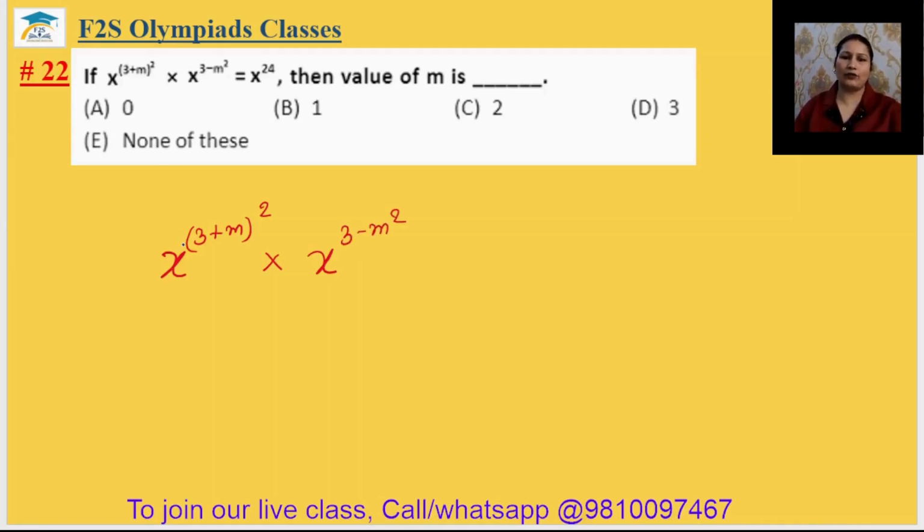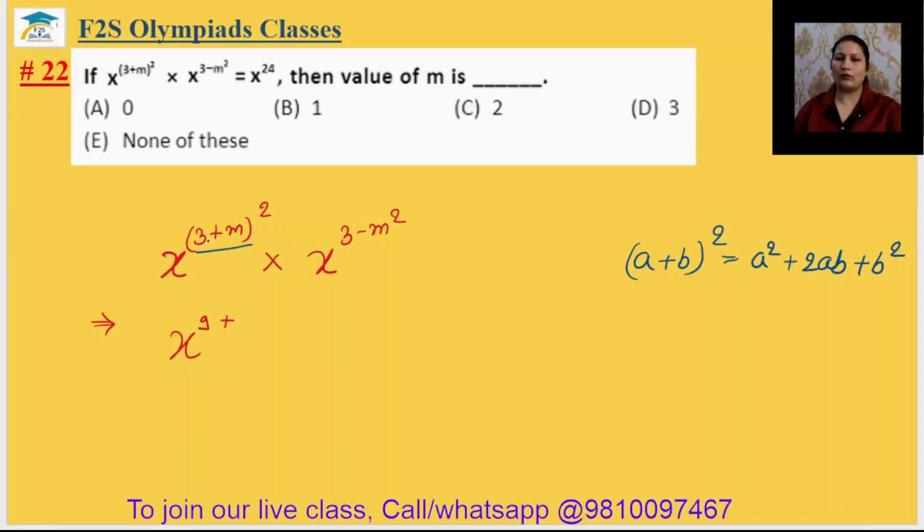At this point we will apply the identity (a plus b) whole square equals a square plus 2ab plus b square. So it will be x to the power a square, 3 square means 9, plus 2ab, 2 multiplied by 3 multiplied by m, 6m, plus m square.